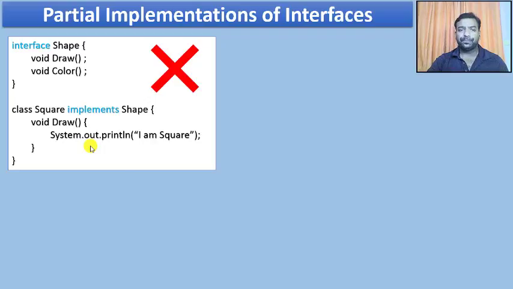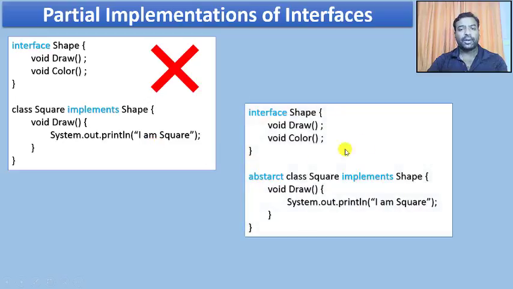If you still think that you don't want to define the body for the color, that is where we talk about partial implementation. It is possible to have partial implementation in a Java program if you make the class an abstract class. So just recall, the interface gives me full abstraction and an abstract class gives me partial abstraction.